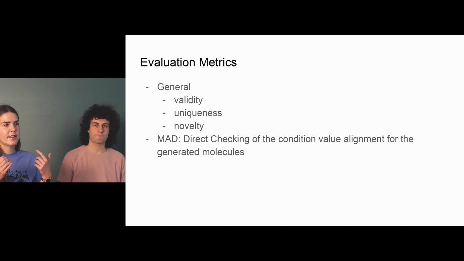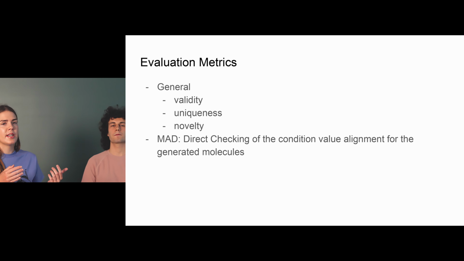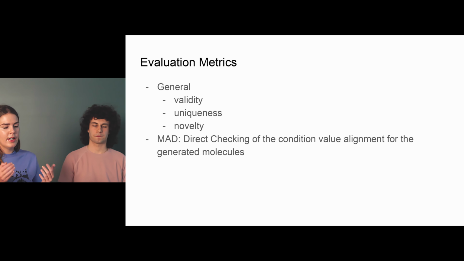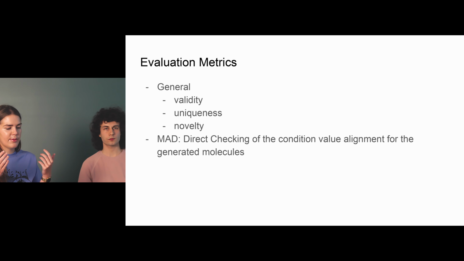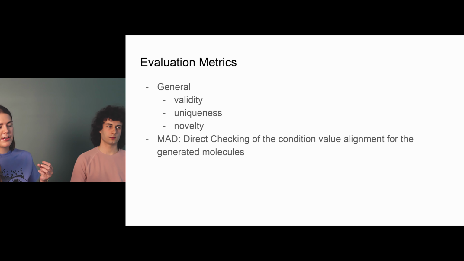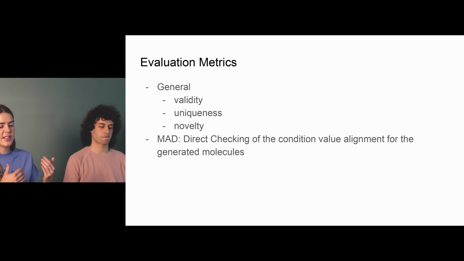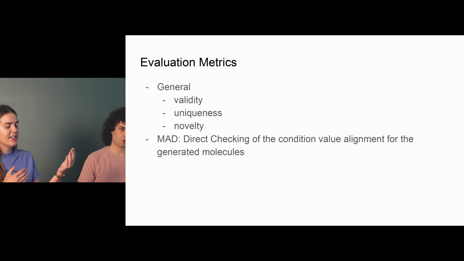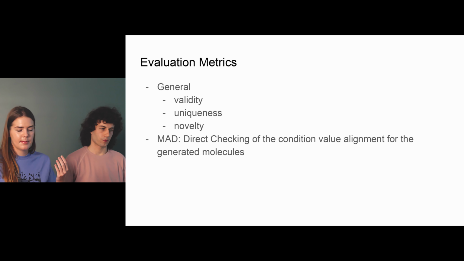So are these generated molecules in a train set or not? We also compute mean average distance, which is a very intuitive metric because it averages over differences of the predicted and targeted conditions.